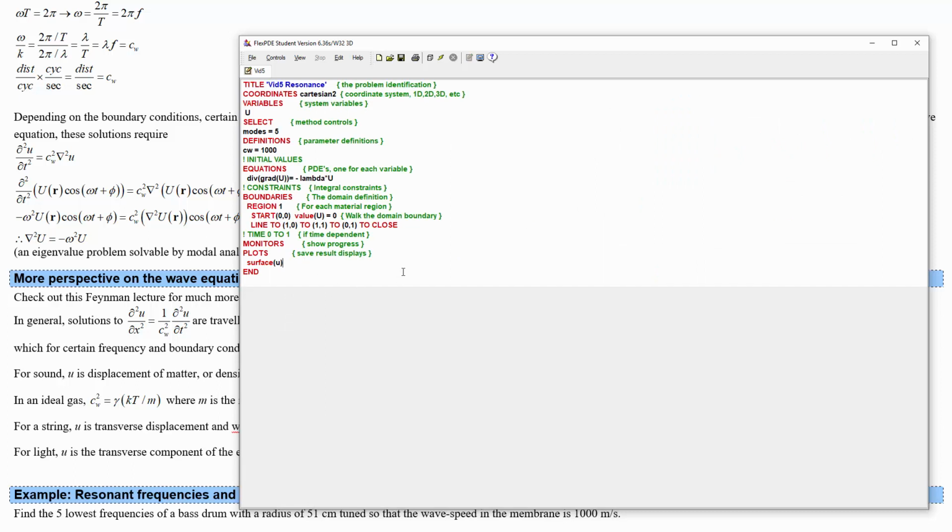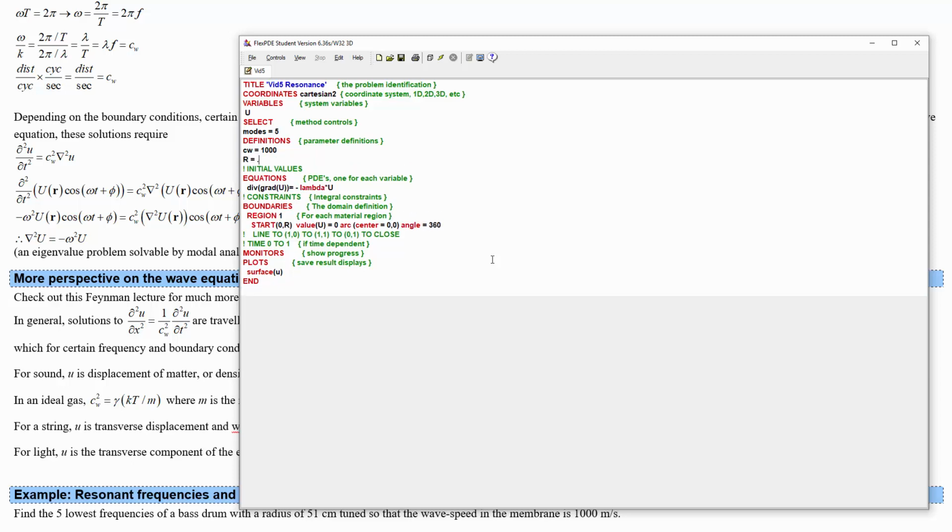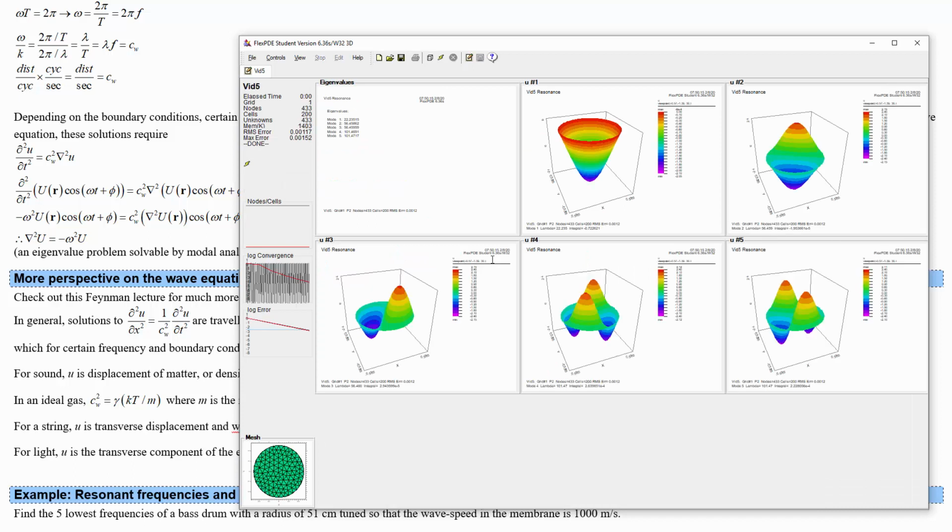That is, rather than a square, we're going to start at, let's say, 0, 0 R, and I'll just leave that in case we want it back later. Arc, center equals 0, 0, angle equals 360, and we'll just specify what R is. R is 0.51. Okay, so there we go. There's our bass drum resonant modes.